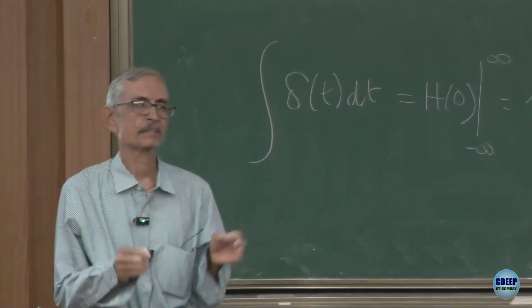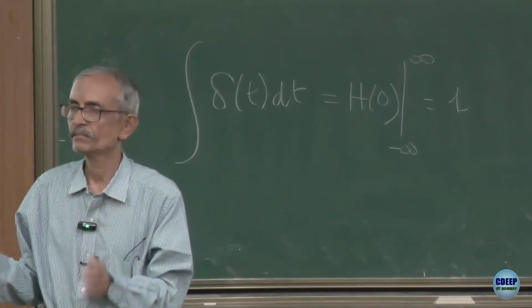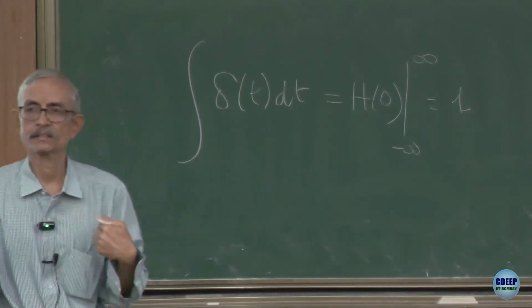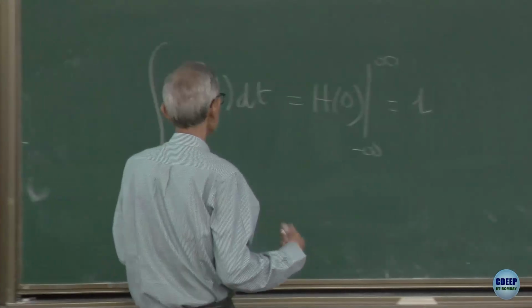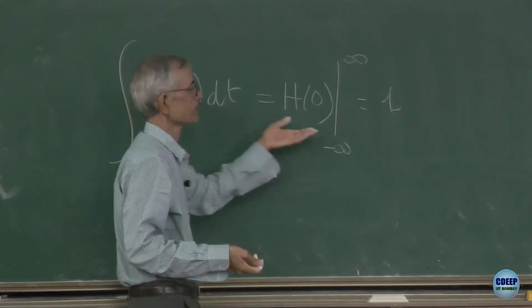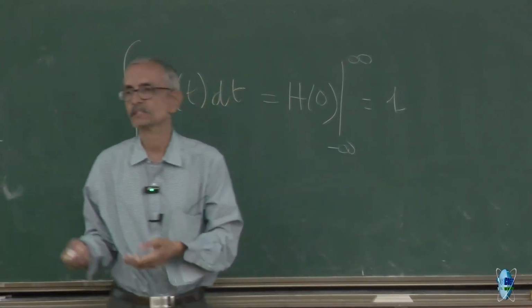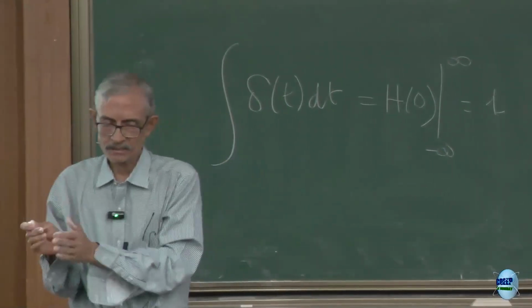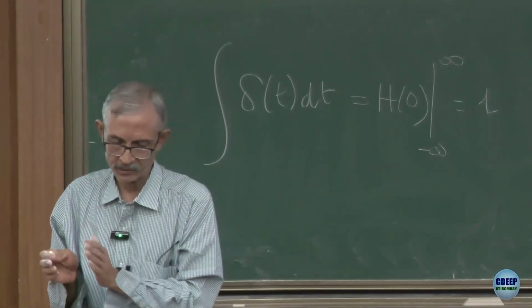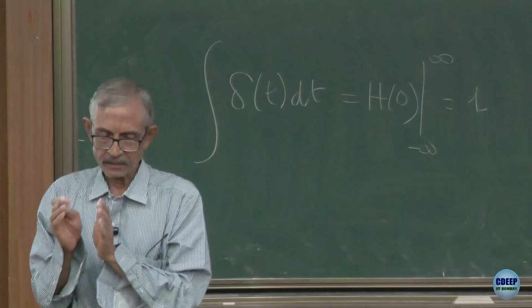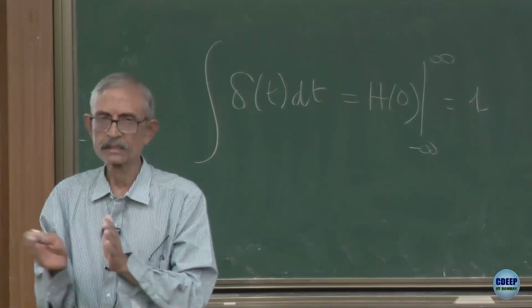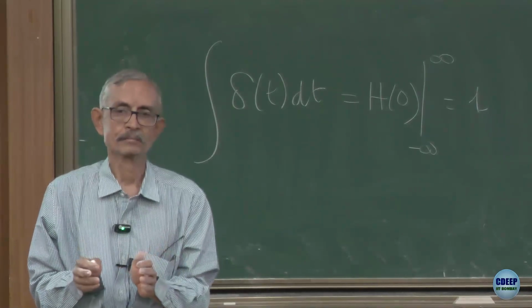So the derivative of the Heaviside function is the Dirac delta, and the integral of the Dirac delta is equal to unity, which is the meaning we have attached to it: delta times delta t is equal to unity.